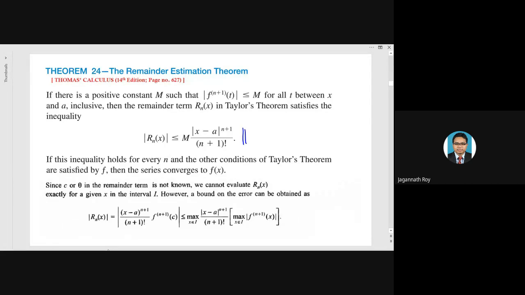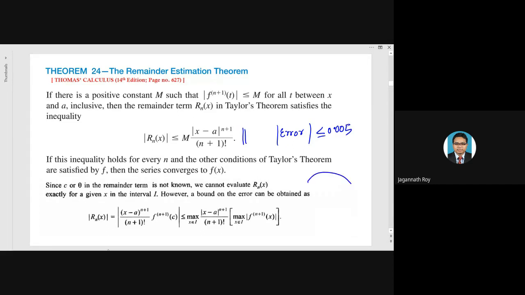How much error can there be? We do not have a method to find the exact error, but we can always find a bound of the error. For example, the error can be bounded by 0.00005 or something.